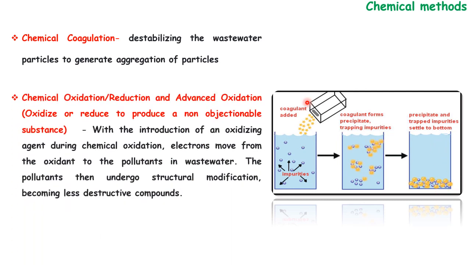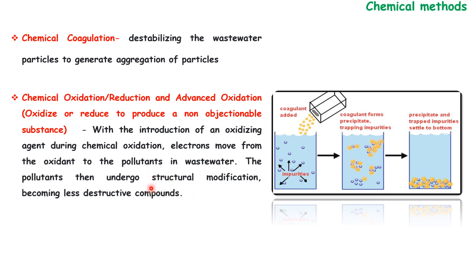Also, by chemical oxidation and reduction and advanced oxidation, we can oxidize or reduce to produce a non-objectionable substance. As I told you, some substances are very harmful. With the introduction of an oxidizing agent during this chemical oxidation process, we can remove the pollutants.